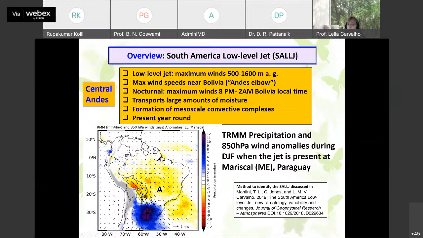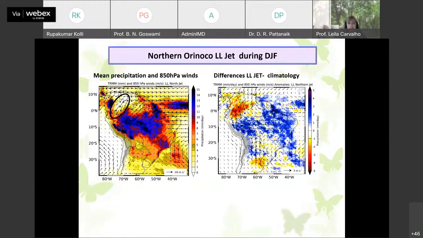So you can clearly see that when we have this low-level jet strong, moisture is transported to the subtropics and away from the monsoon, and you see more of the anticyclonic circulation. This is low level, and then the easterlies, and then the relationship with suppressed convection in this region. Now we are looking at the northern Orinoco low-level jet, again during DJF. So this is the region where we observe the jet.